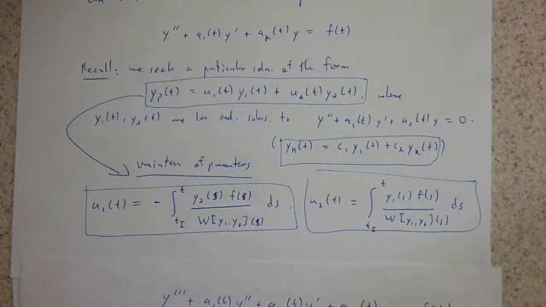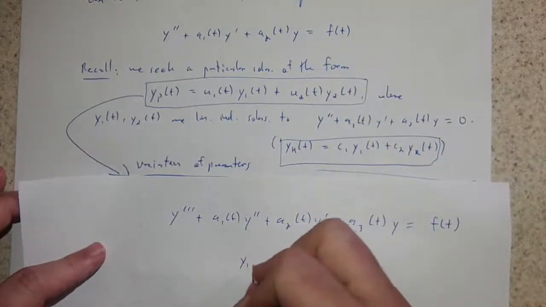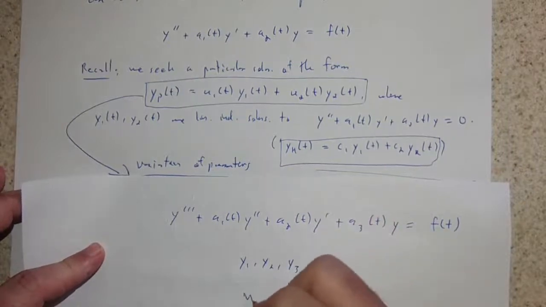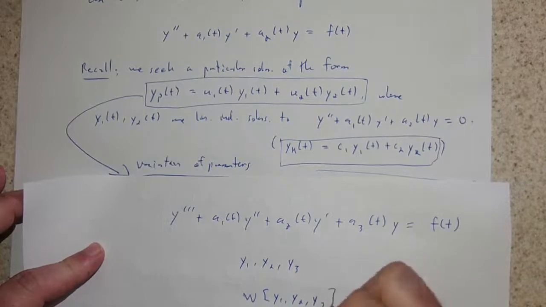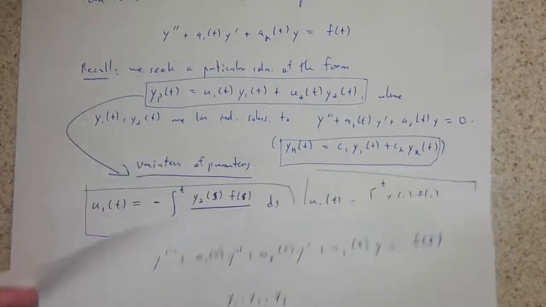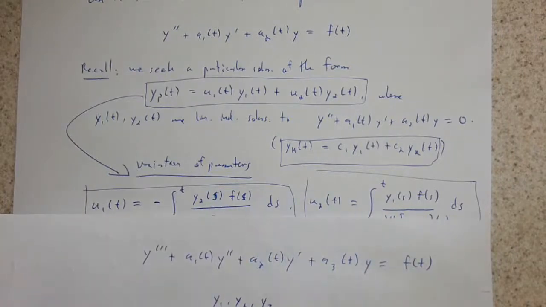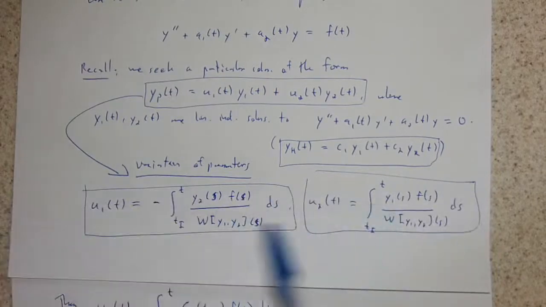Yes, it's true that if I had a fundamental solution set y1, y2, and y3, the Wronskian of these three things makes sense. This would be a 3 by 3 determinant, so I can immediately plug that in here, but how do I know what the sign is? How do I know what goes in these integrands? It's a little confusing if I'm looking at it this way.